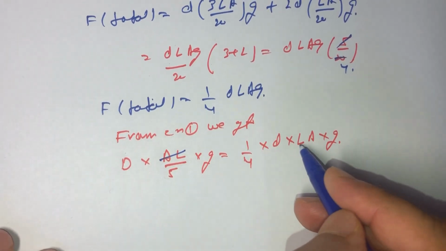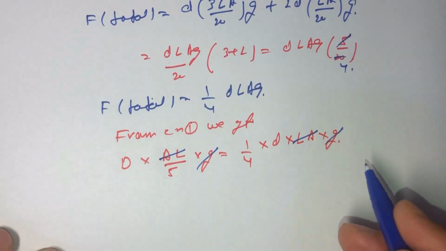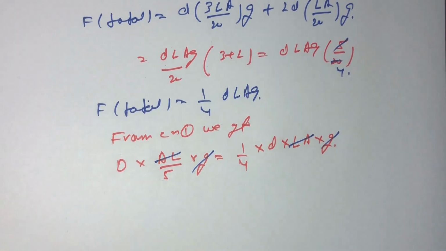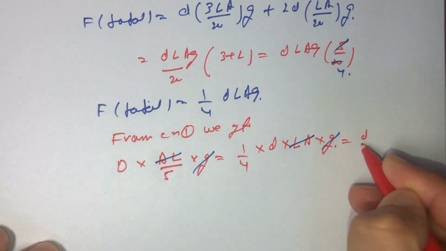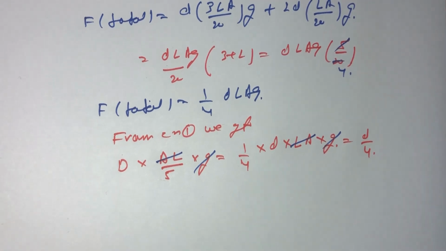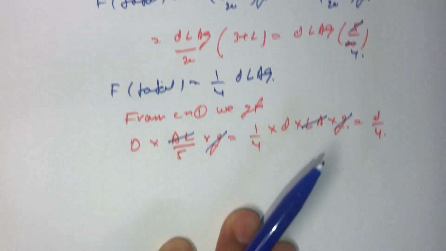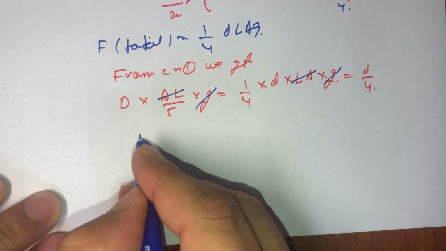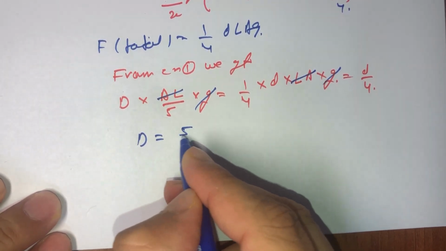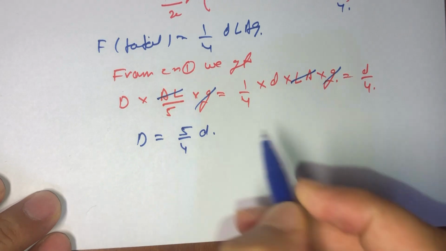So AL and AL go away, g and g also cancel out, and this comes to D/5 = d/4. So the density of the solid cylinder will be D = 5/4 times small d.